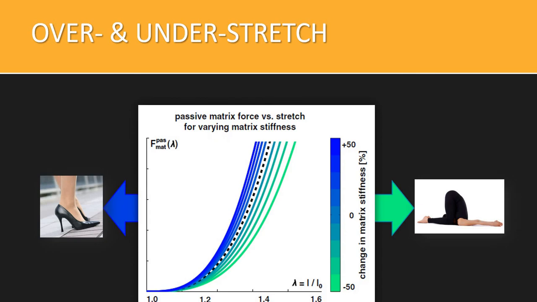Over and under stretch are somewhat different though, particularly in terms of how they affect the passive force output of the muscle. So this dotted line represents the starting point, let's say, and anything to the left, which is this dark blue colour, represents a muscle that is kept in a shortened position and has reduced stretch.